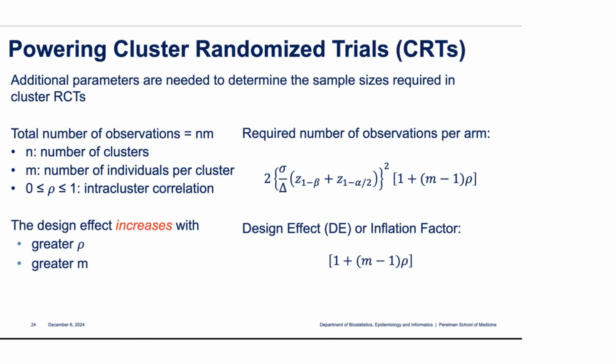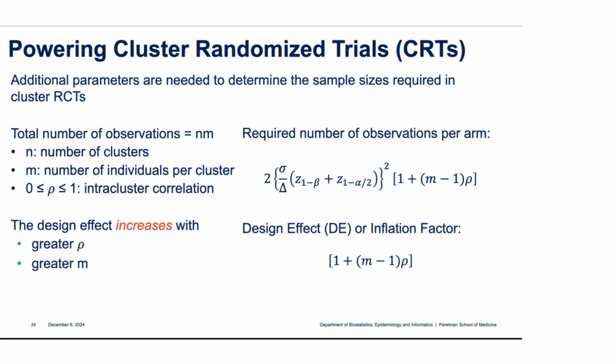I think one of the counterintuitive aspects of cluster randomized trials is that you actually get less efficiency for larger clusters. You get the most efficiency when you have a lot of small clusters, with the extreme case being one individual per cluster, which is the individually randomized design.